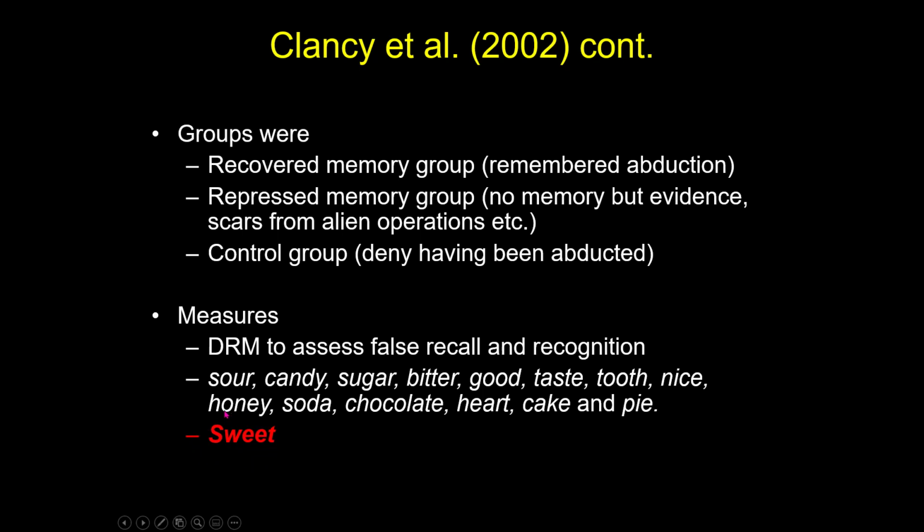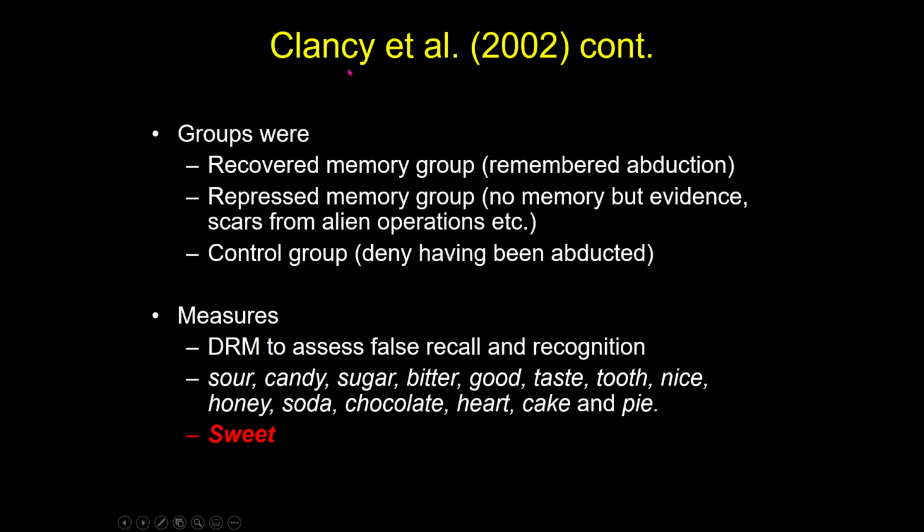So the word sweet fits with these words, but it wasn't in the list. And so if you ask people to recall this list of words and you find the word sweet, according to the DRM paradigm, that would be evidence of a false memory.